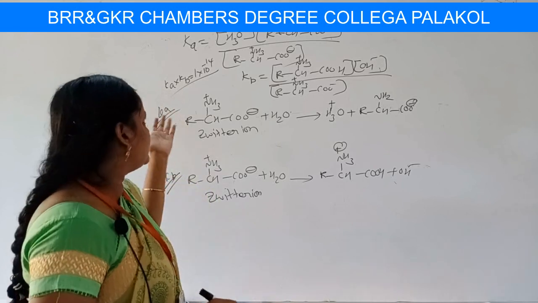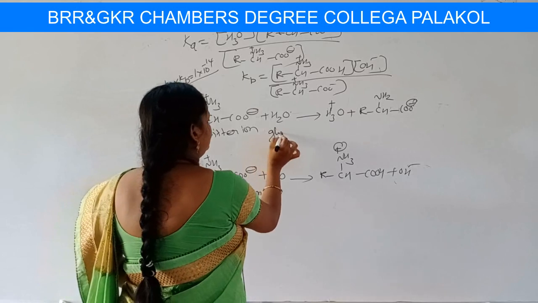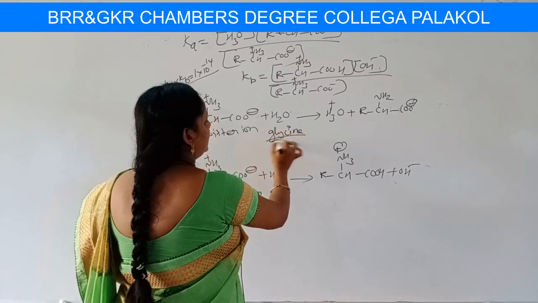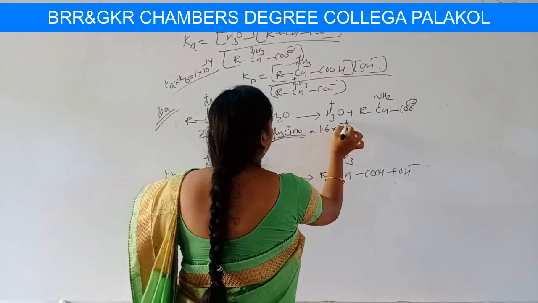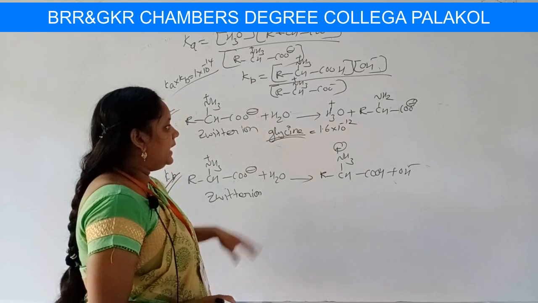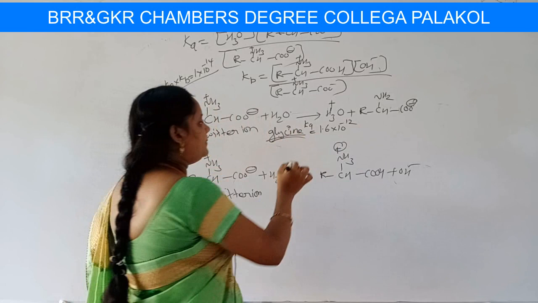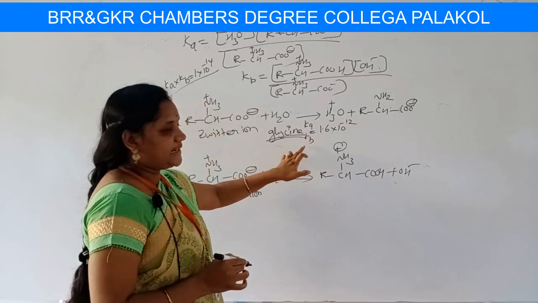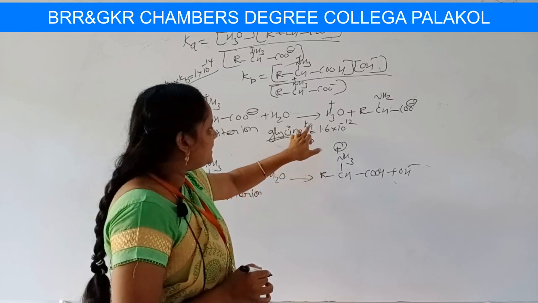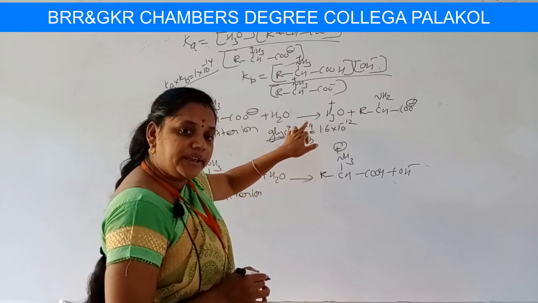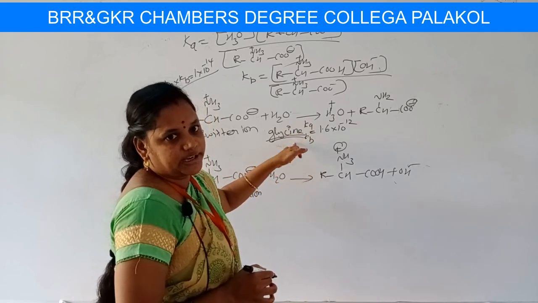Okay students, for example if you take glycine, the Ka value for glycine is 1.6 into 10 power minus 12. This is the Ka value, acidity constant value, and Kb value is the basicity constant value of the conjugate base. This is acidity constant, we have to take conjugate base, no? So this is the basicity constant of the conjugate acid.